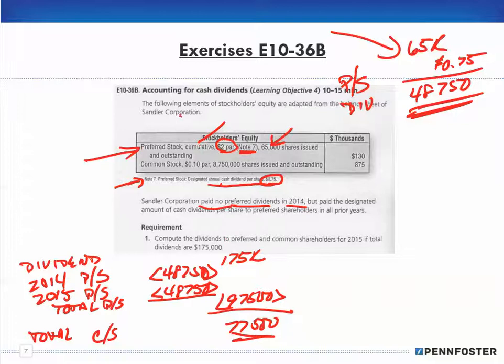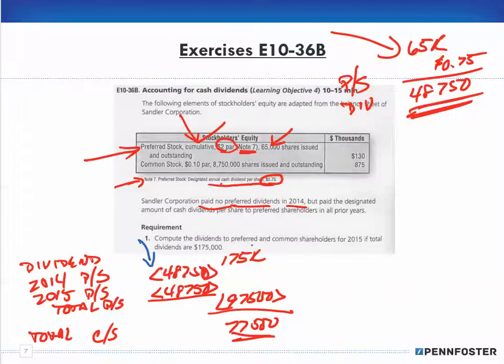Well, if the stock is cumulative and it wasn't paid the dividends in 2014, that means the preferred stock is still owed for 2014, but paid the designated amount of cash dividends per share to preferred shareholders in prior years. So basically it's saying that the dividends for the preferred shareholders for 2013 and prior were all paid up to date. All we need to know is that 2014 is still owed.